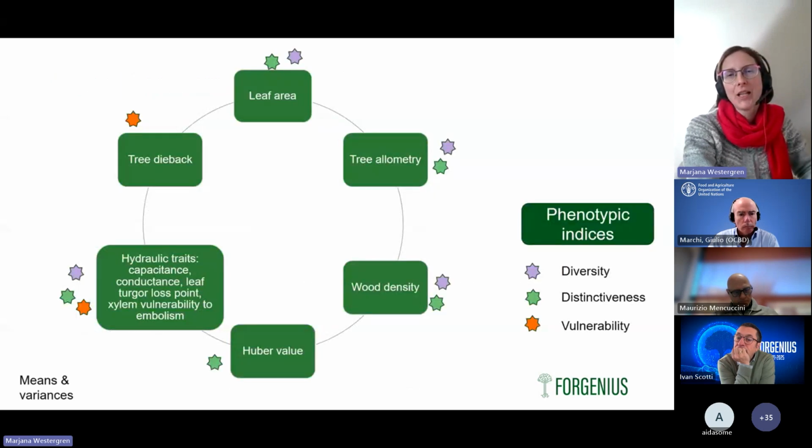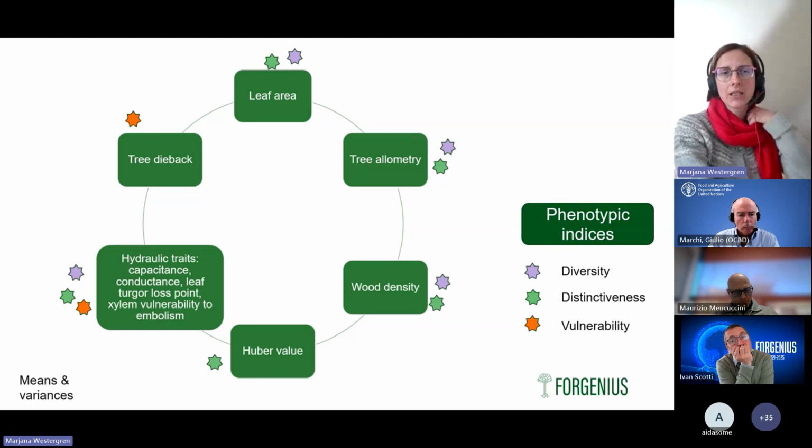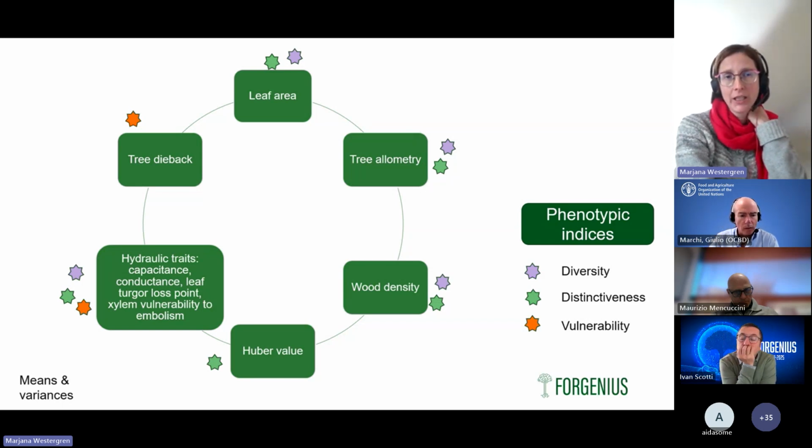And here we come to the last category of the indicators, which are the phenotypic indicators. The largest group here are the hydraulic traits related to drought: capacitance, conductance, leaf turgor loss point, xylem vulnerability to embolism. Then we have wood density, tree allometry traits, leaf area, dieback, and Huber value.